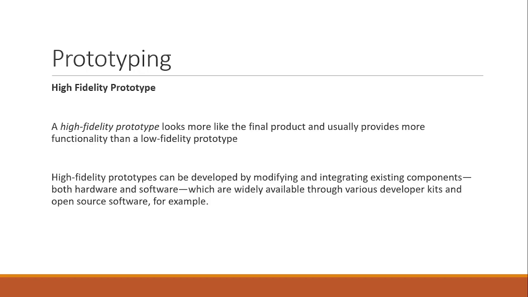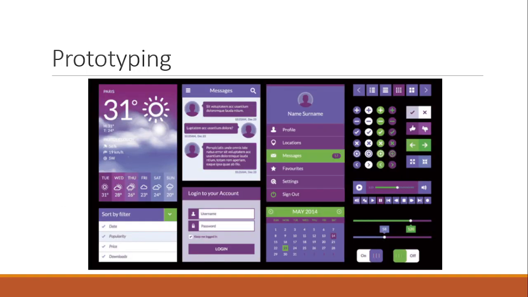High fidelity prototypes can be developed by modifying and integrating existing components, both hardware and software, which are widely available through various developer kits and open source software, for example. So, it can work, right? With the tools available, we can produce high fidelity prototypes.